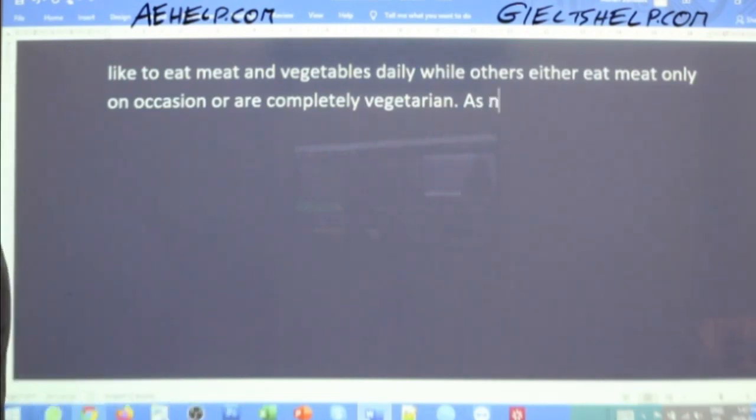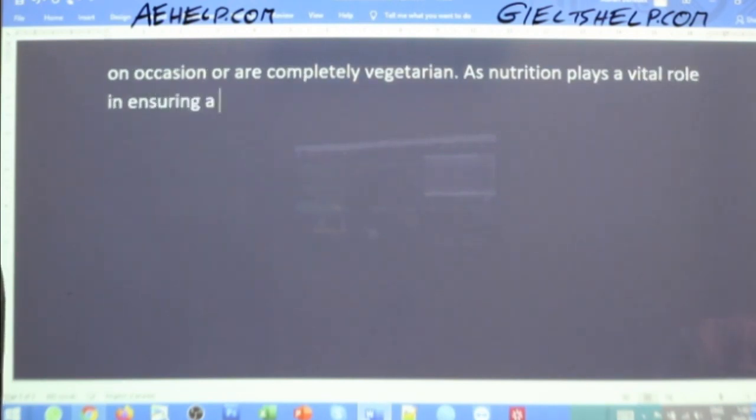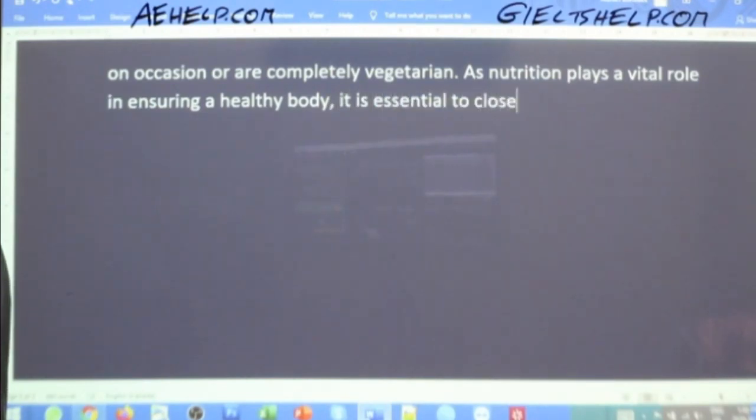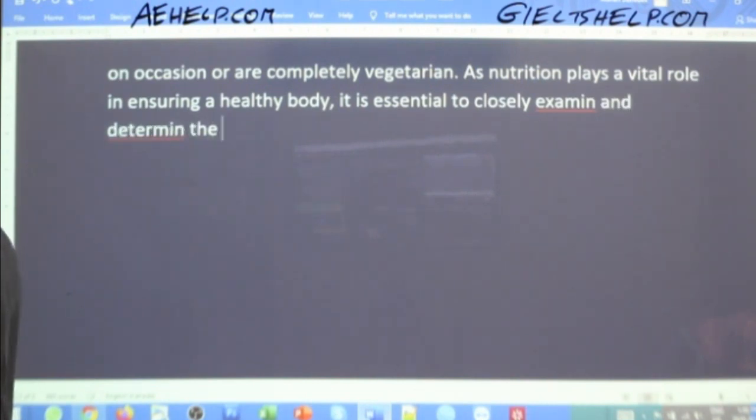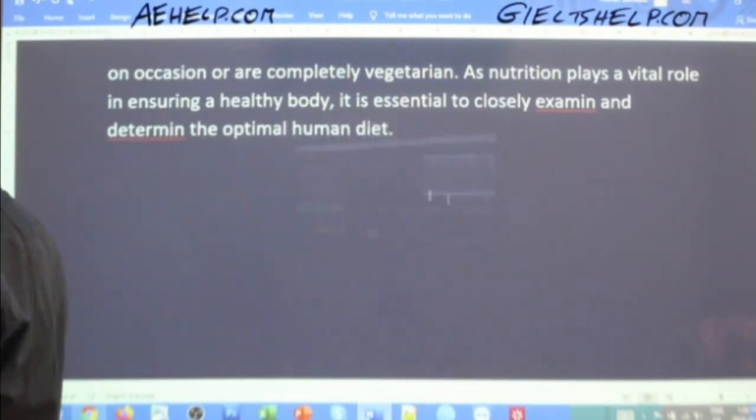So as nutrition plays a vital role in ensuring a healthy body, it is essential to closely examine and determine the optimal human diet. Okay?